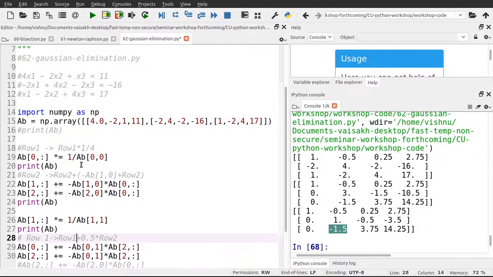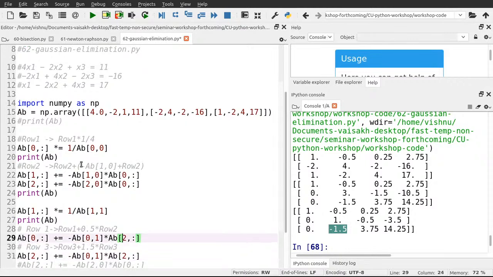This plus is already here. Minus 0.5, minus of minus 0.5. That's minus of AB01. Now in the next step we require row 3 should become row 3 plus not 0.5, but instead 1.5 times row 3. So row 3 is this, 1.